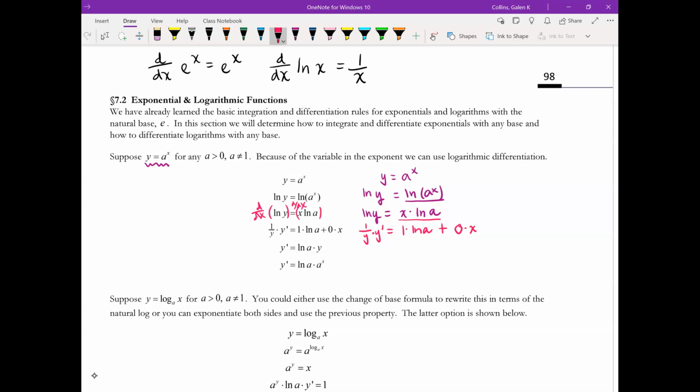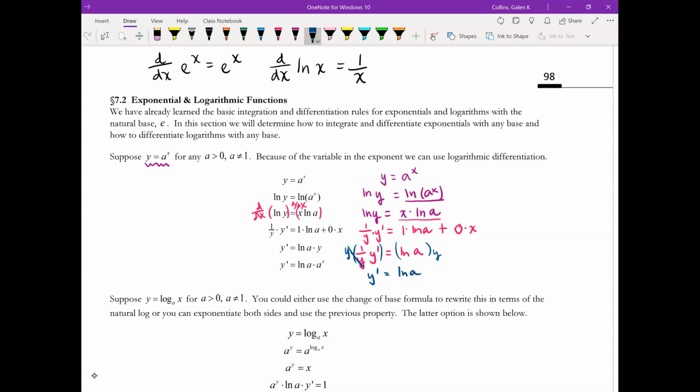Regardless, we could rewrite this. I know there's not a rewrite step in the text, but 1 over y times y prime equals the natural log of a. And then lastly, we want to eliminate that 1 over y on the left. We can do that by multiplying both sides of our equation by y. And we get y prime equals the natural log of a times y.